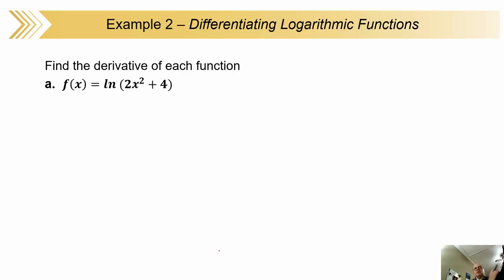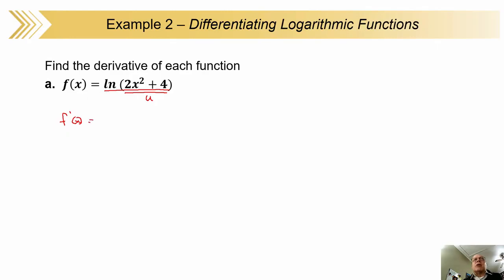Now, let's try some examples. So what we've got here is our function, the one we're going to experiment with, is natural logarithm of 2x squared plus 4. And that's your inside function, alias u. So if we want the derivative of that, remember, the derivative of natural logarithm of x is 1 over x.